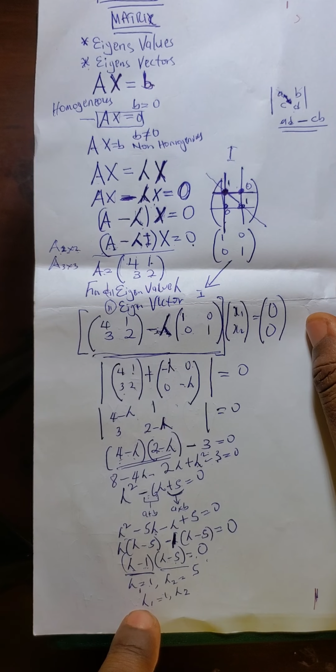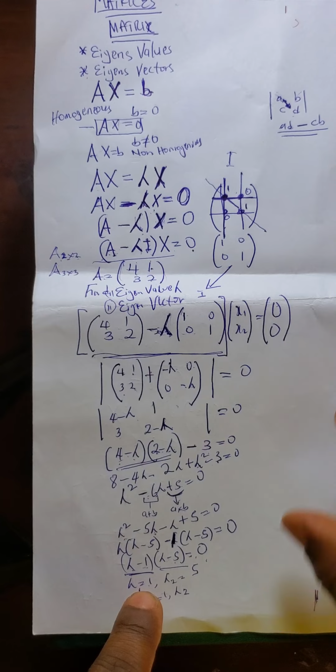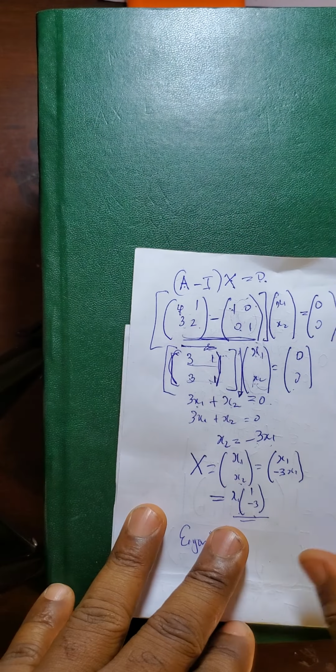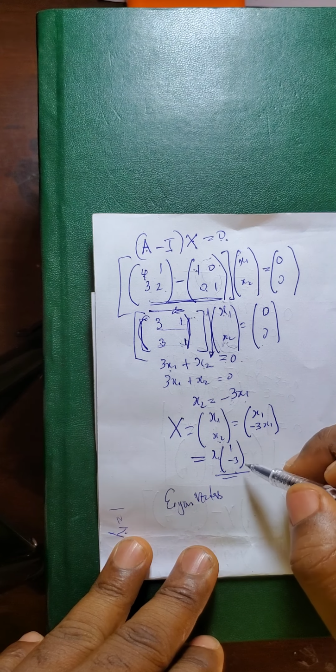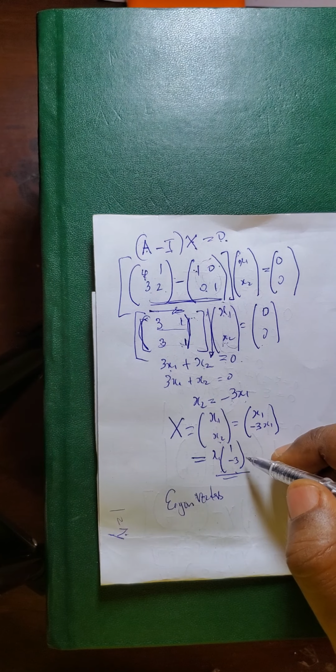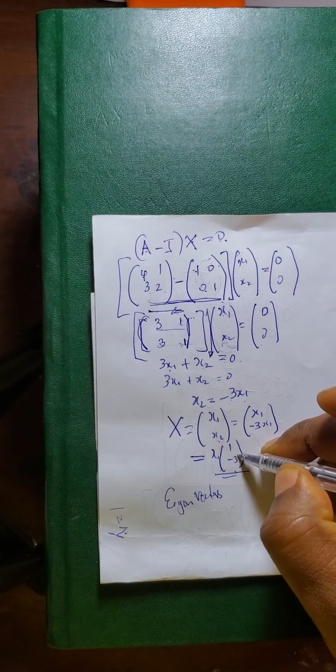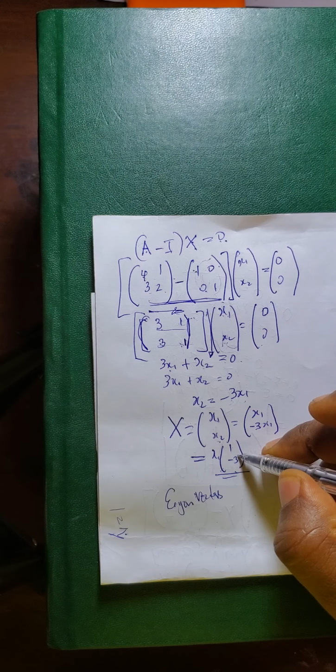The eigenvalues that we have here are lambda 1 and lambda 2. So here now I've gotten the eigenvectors for this particular matrix.